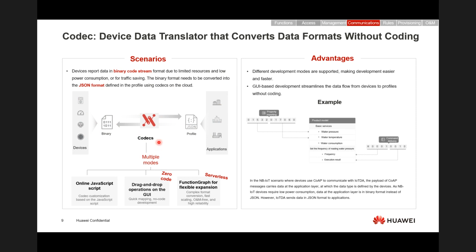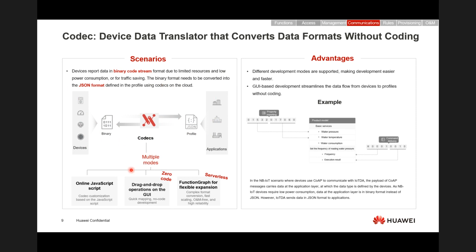We call it codecs here. Codecs is for data reporting, where binary is transferred into JSON, and for command delivery, JSON is transferred into binary.